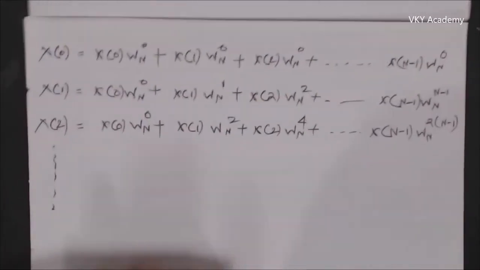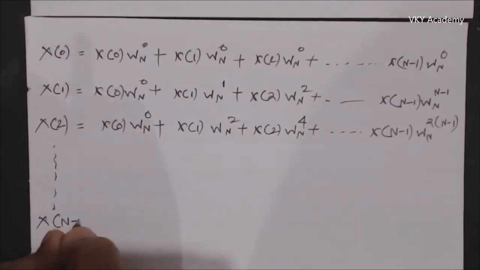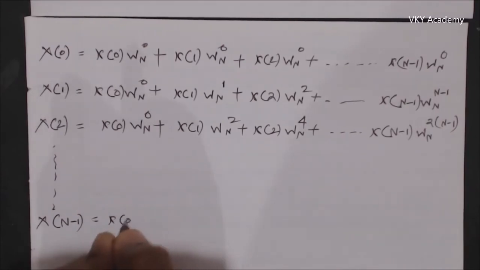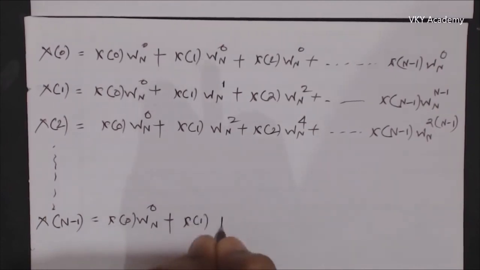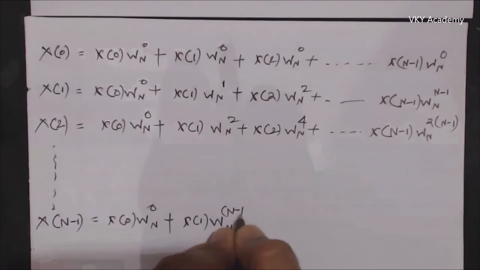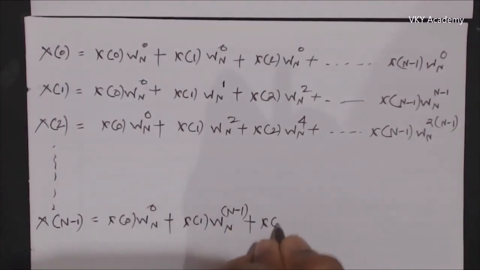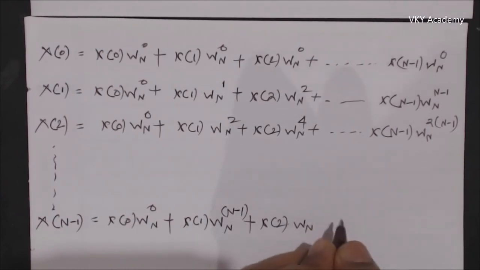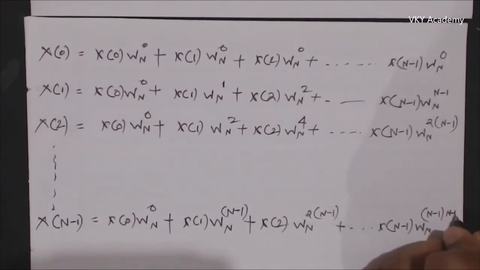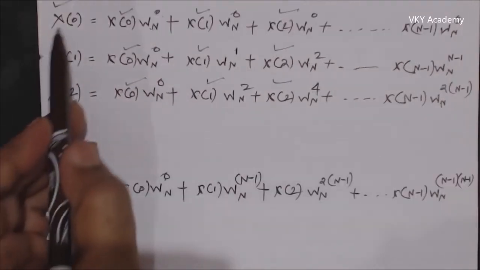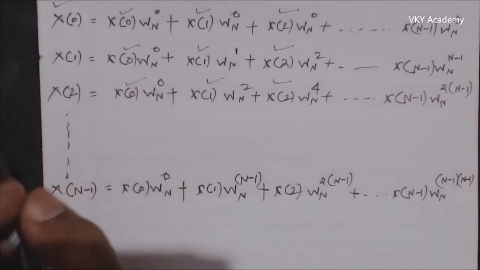It will go on, and finally we can write down X of n minus 1 as x of 0 WN to the power 0 plus x of 1 WN to the power n minus 1 plus x of 2 WN to the power 2 into n minus 1 plus x of n minus 1 WN to the power n minus 1 into n minus 1.